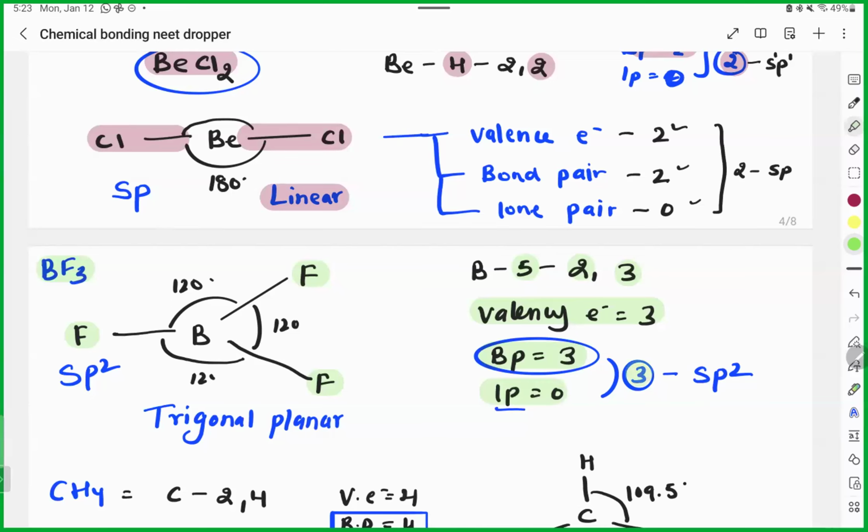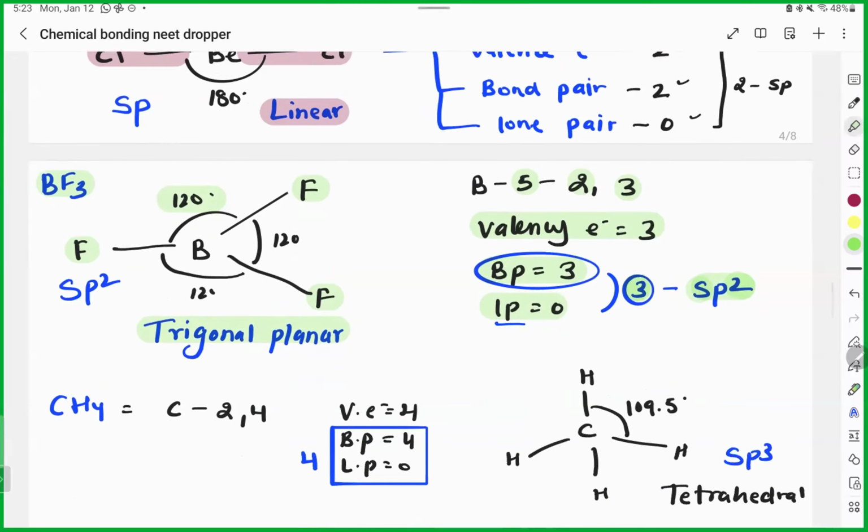So total hybridization number 3. If total hybridization number is 3, 1s, 2p, total 3. Whenever you get number 3, your shape will be trigonal planar, always. Whenever you get sp2 hybridization without lone pair, it will be this and the angle will be 120 always.